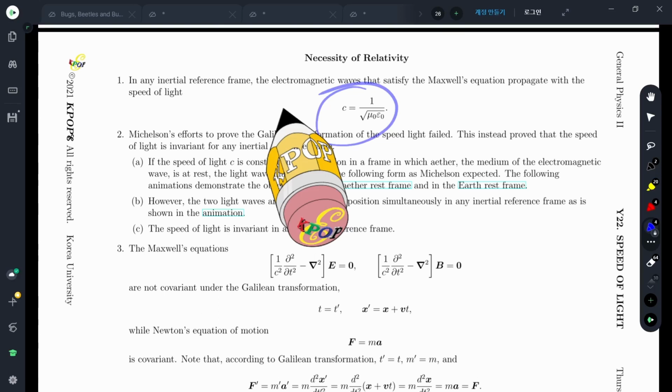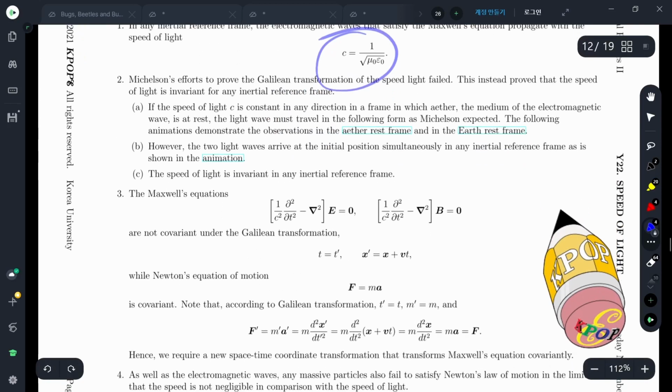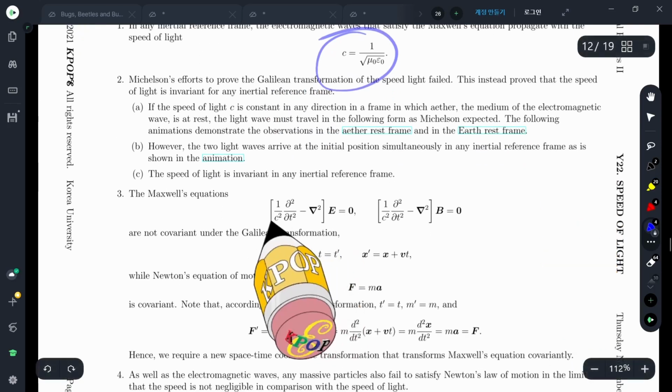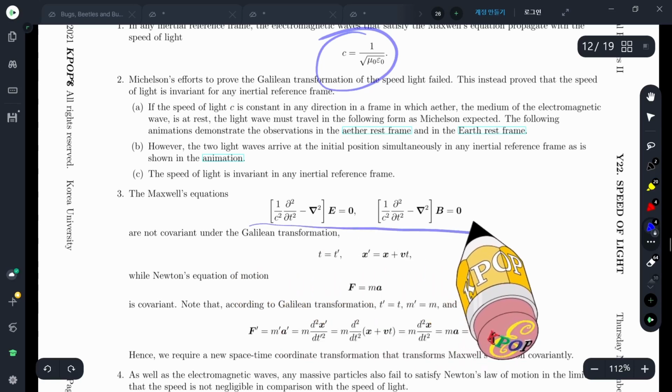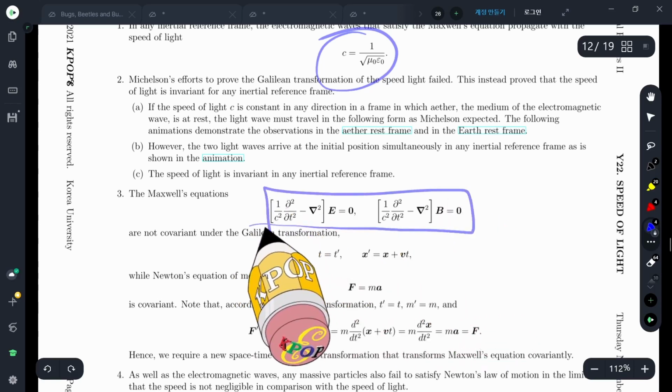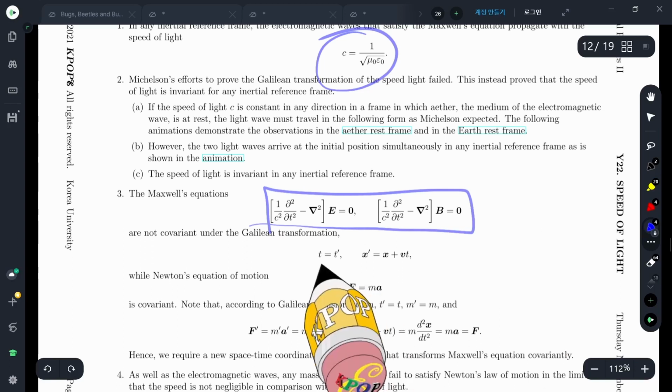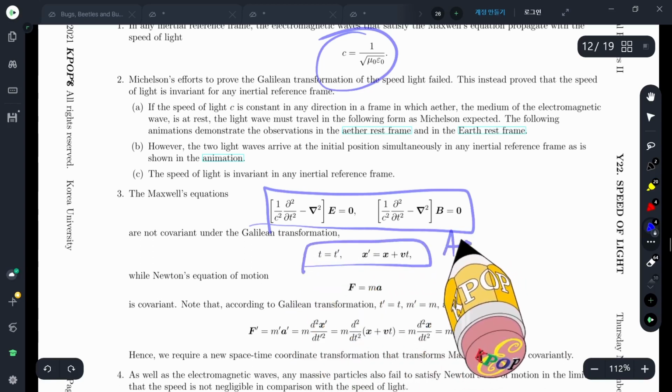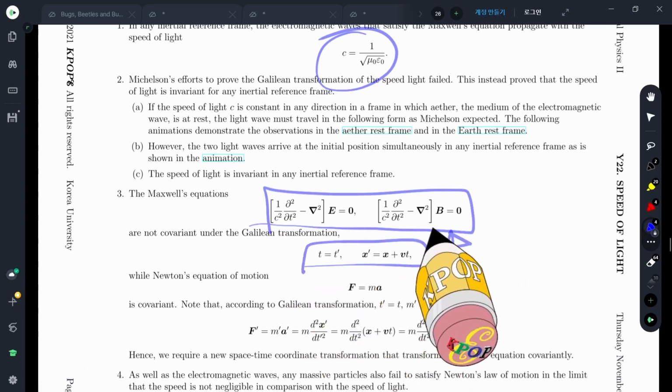Let us see. The Maxwell's equations are combined to find that every component of the electric field and every component of the magnetic field are traveling with the speed of light. The problem is that if we apply the Galilean transformation to this wave equation, we do not find exactly the same form at all.